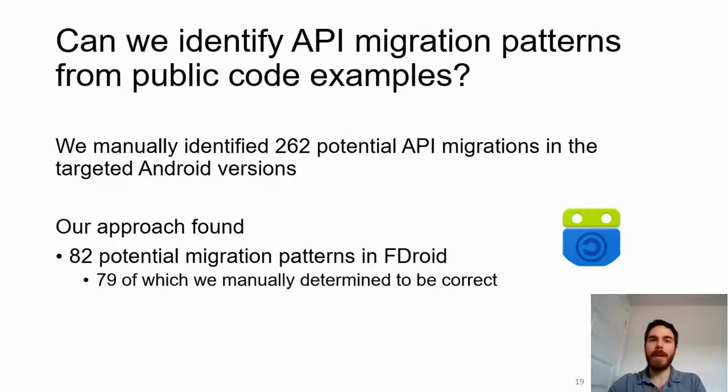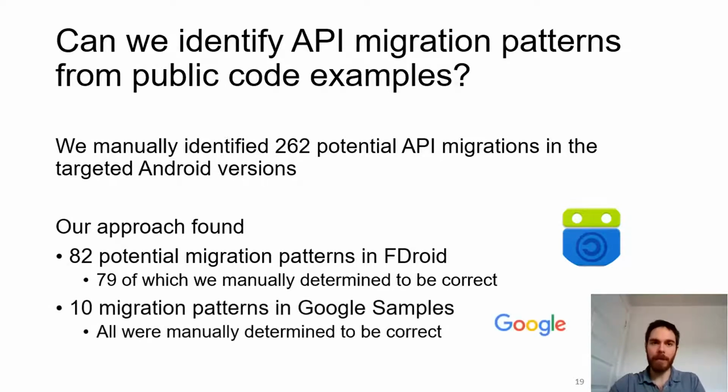So our approach managed to find 82 potential migration patterns in F-Droid. So these are 82 unique migration patterns out of the 262. Some of these 82 had multiple different usages. And 79 of these 82 were manually determined to be correct. The other 3 were refactorings that were misidentified by our tool as migrations.